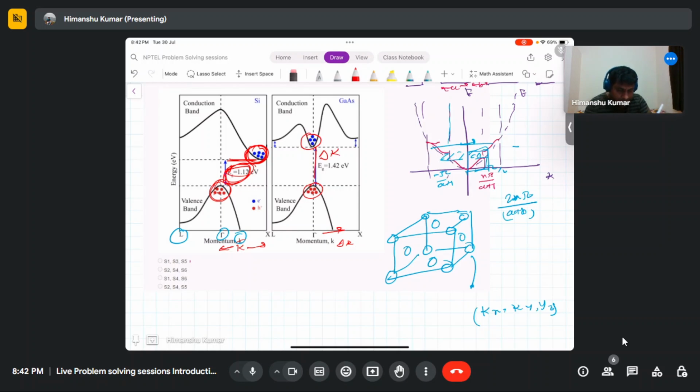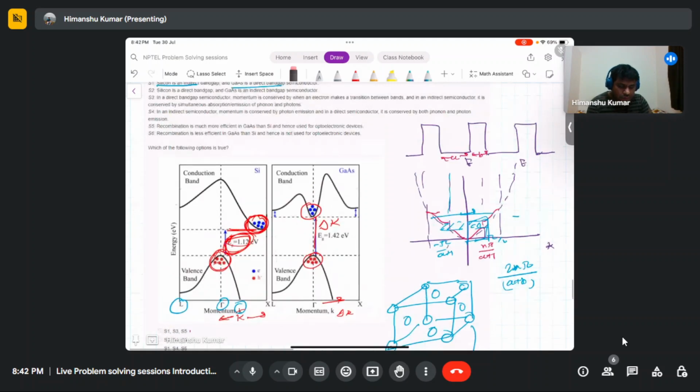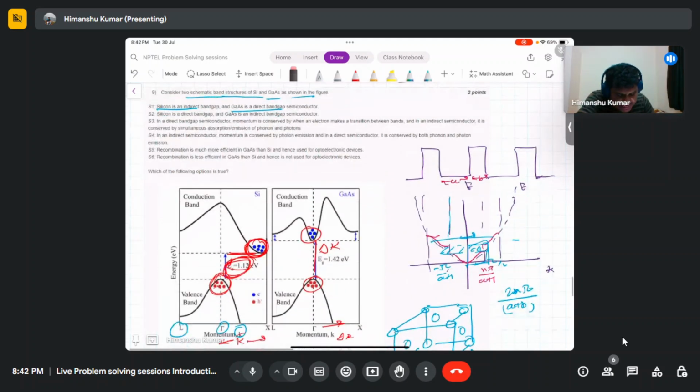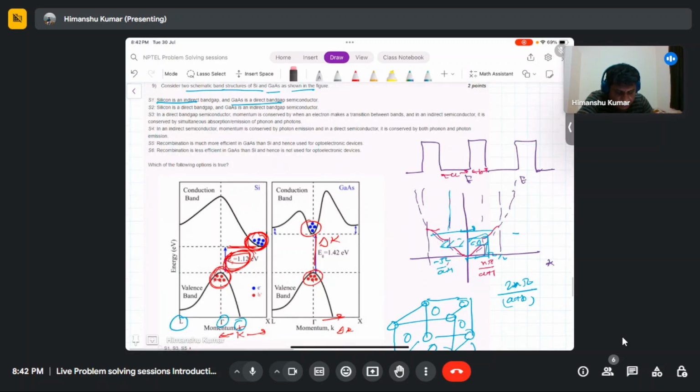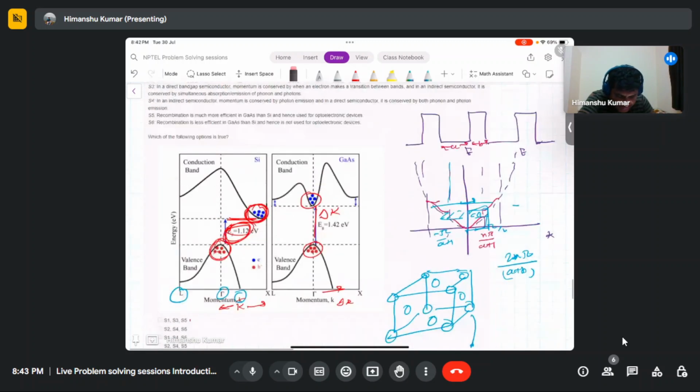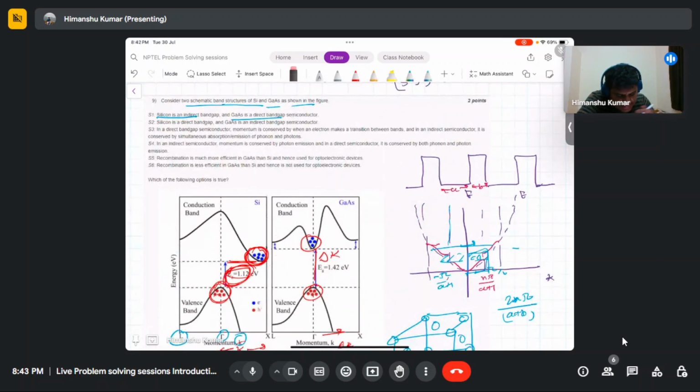That is known as a direct band gap semiconductor. Silicon is the indirect band gap and gallium arsenide is the direct band gap semiconductor. So S1 is correct: silicon is indirect band gap, gallium arsenide is direct. The statement that gallium arsenide is indirect is wrong, so the second one is wrong.